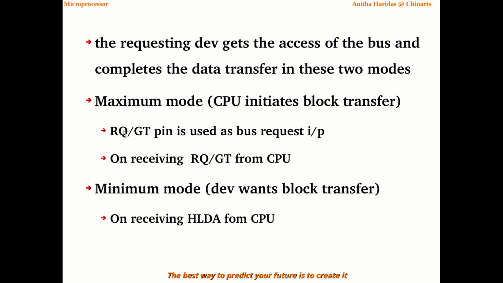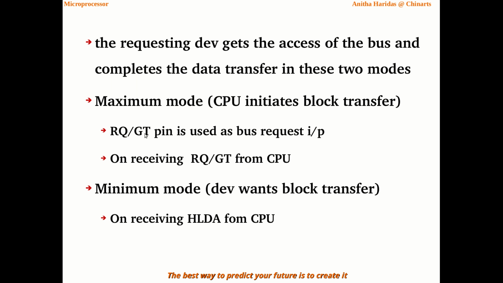By that time the request or grant pin, sometimes also called the grant pin, of the DMA controller is used as the bus request. Then on receiving this particular request from the CPU, the data transfer will be initiated. So this is what happens in the maximum mode, and we will be discussing it in detail.